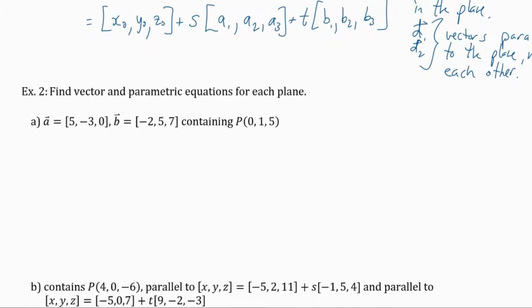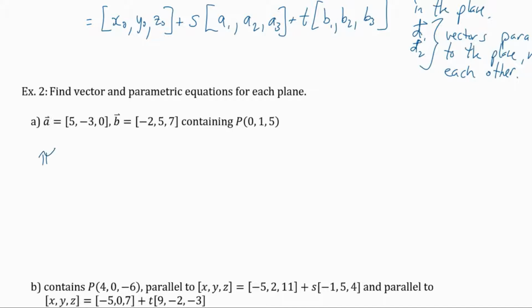Find the vector and parametric equations for each plane. So this one is giving us two direction vectors, vector A and vector B, and a point in the plane. And the point in the plane will give us a position vector.